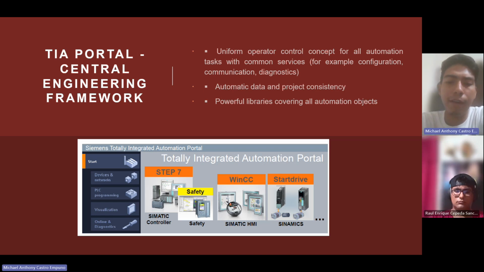The most important engineering products are STEP 7 for PLC programming, SIMATIC Safety for programming safety PLCs, SIMATIC HMI, and Drive Start for parameterizing drives.